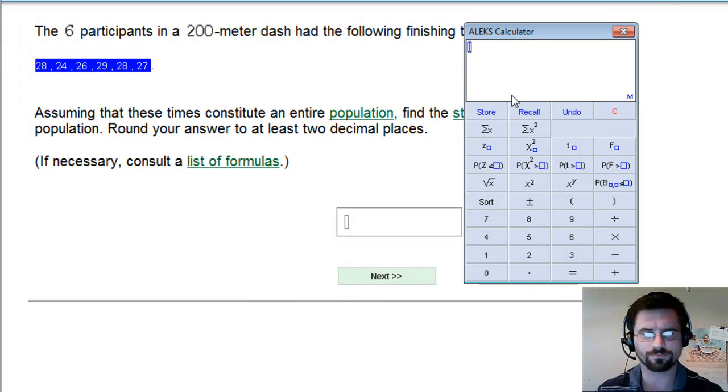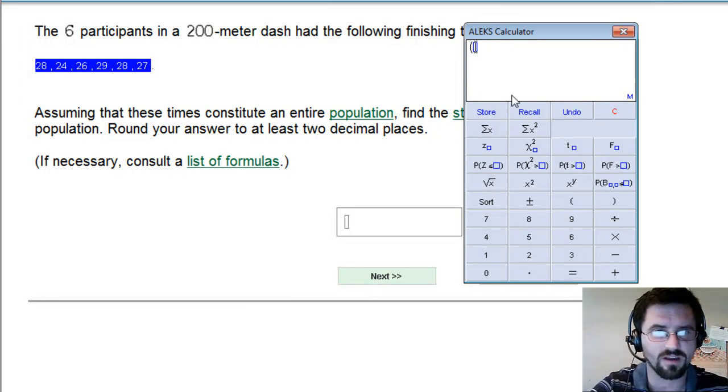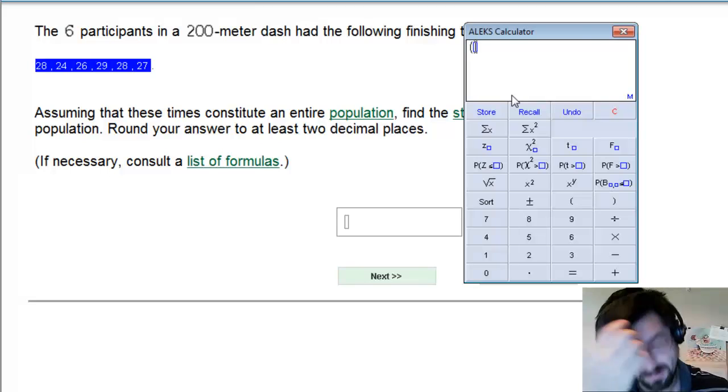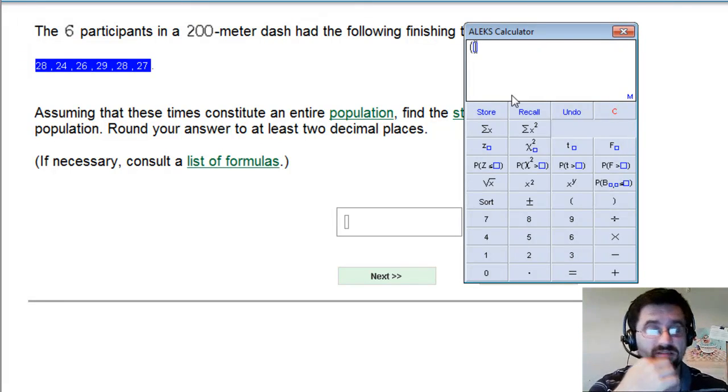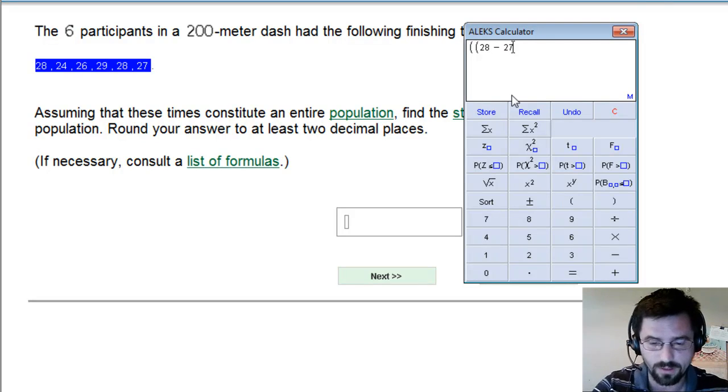Now what I have to do is take the sum of the squares of the differences and divide by 6. So here's what I'm going to do. Since I'm dividing, I need a big grouping symbol. And then I'm going to do 28 minus 27. Close that, but I need to square it, so I'm going to hit that.